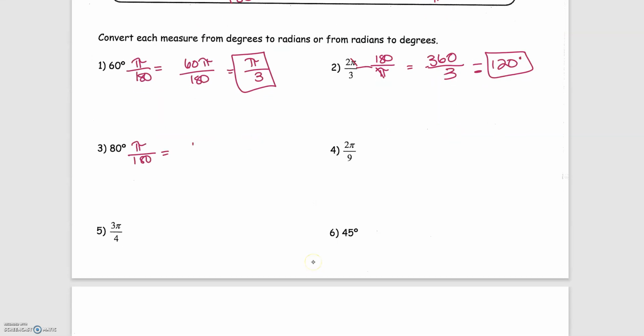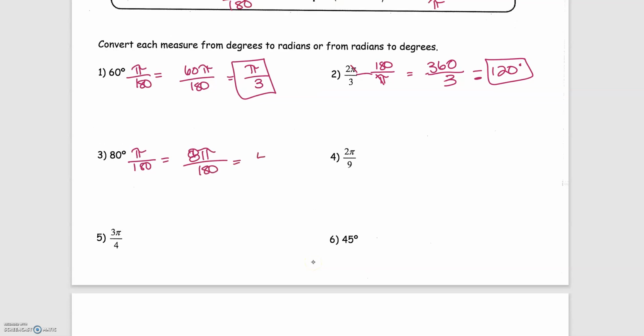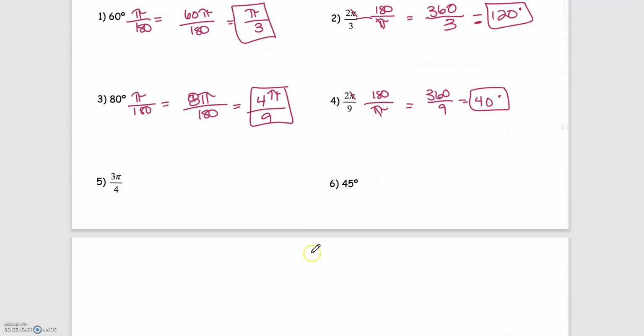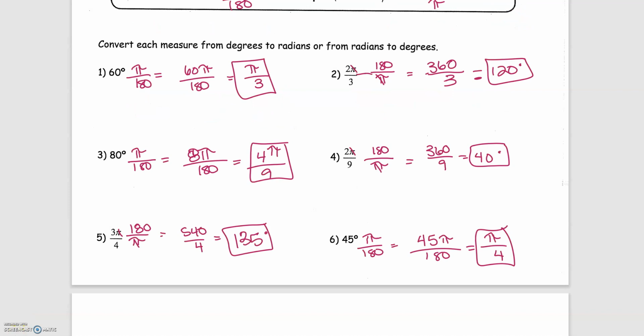Here, 80 pi over 180 simplifies to 4 pi over 9. Here, pi on the bottom, 180 on the top. The pi's cancel. 360 divided by 9 is 40. So try those last two and check when you're ready. All right, check your answers for 5 and 6.